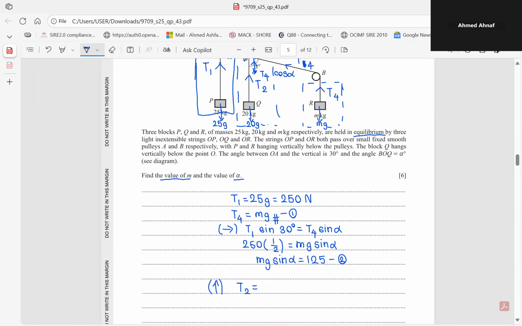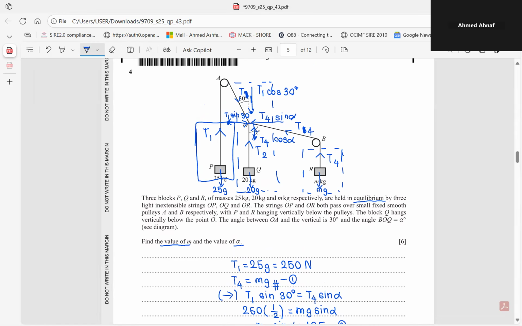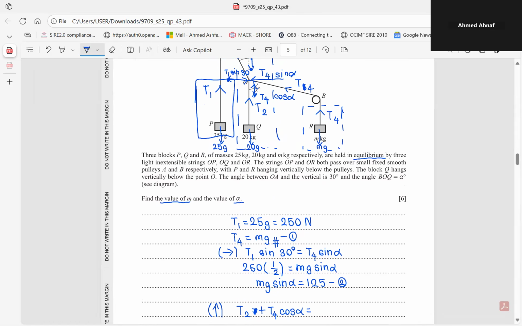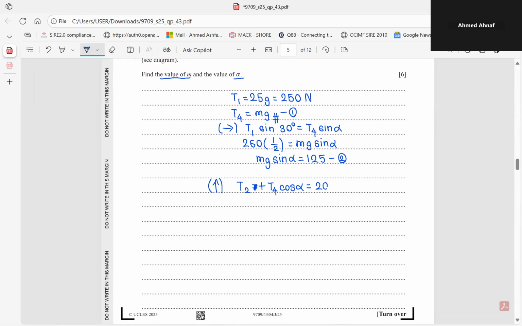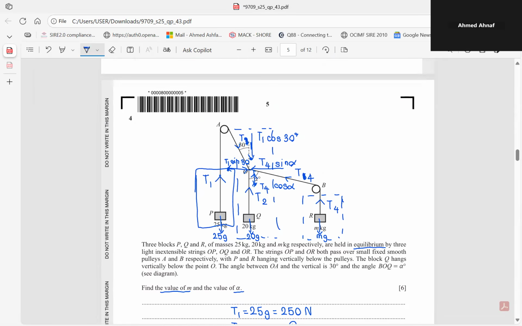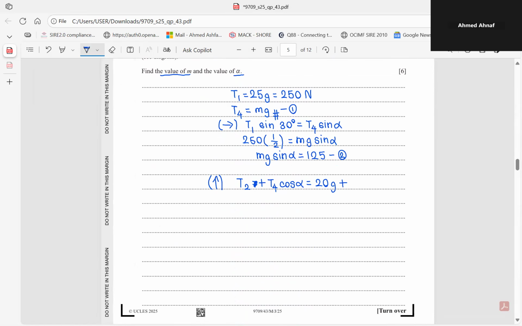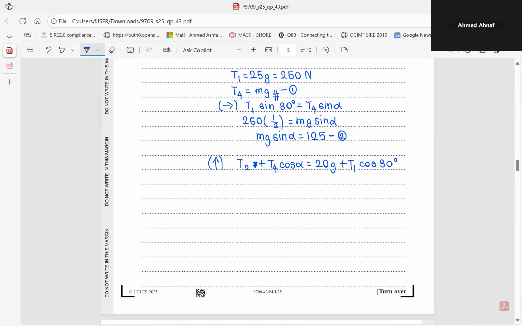So T2 plus T4 cosine alpha is equal to 20g, which is acting downwards, plus T1 cosine 30.